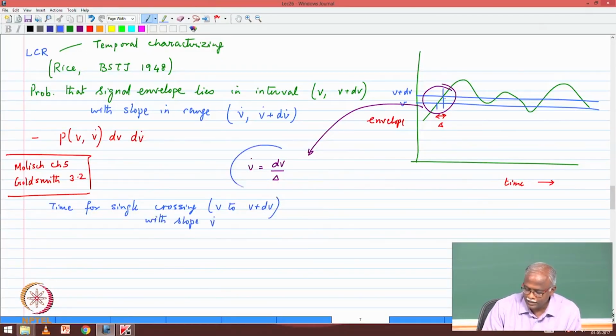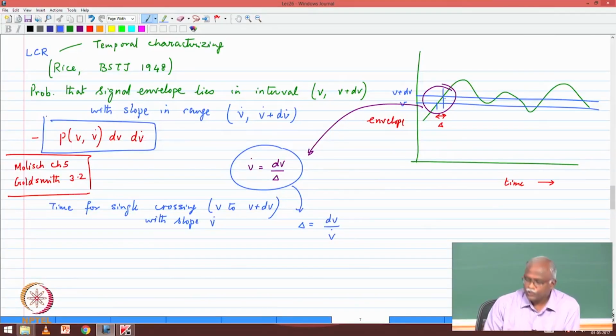This is asking the same question again, and the time taken will be delta, which is given by dV by V dot. If the probability that it lies in this range is given by this expression for 1 second, and the time taken for a single crossing with this slope V dot is also given, then we can find the number of times you will cross with this slope.